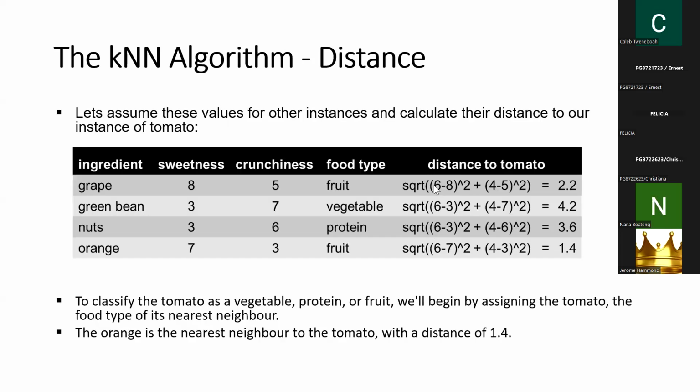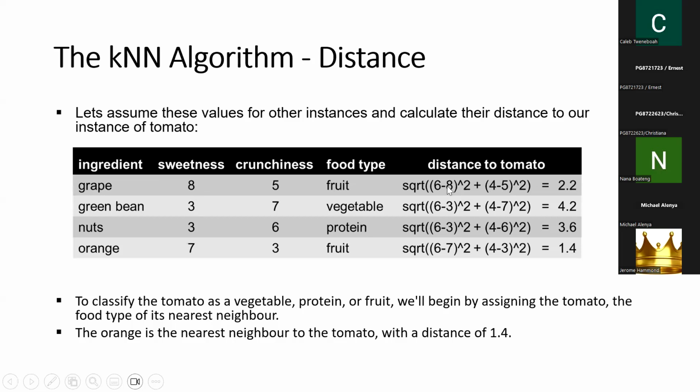Here, the distance between the grape, which has a sweetness of 8 and crunchiness of 5, and the tomatoes, remember tomatoes has 6 and 4.